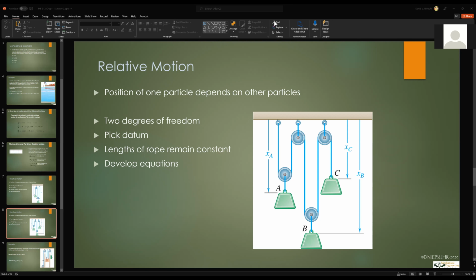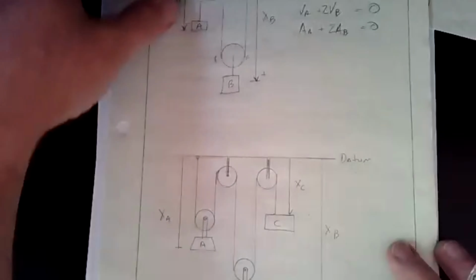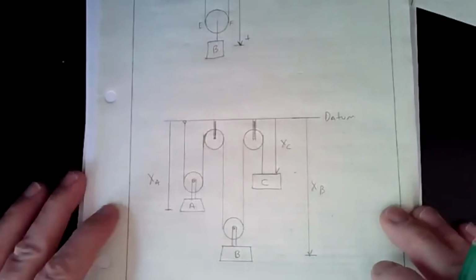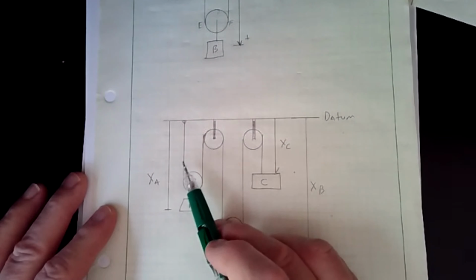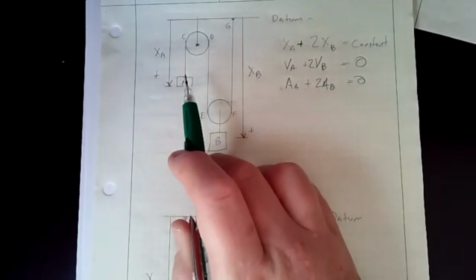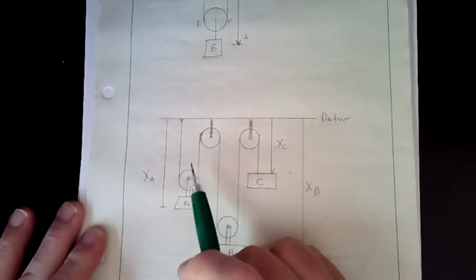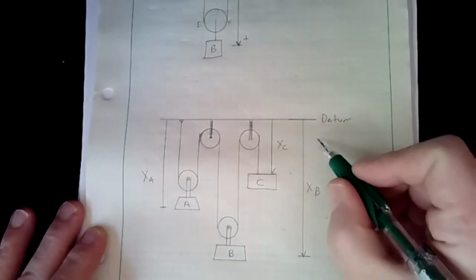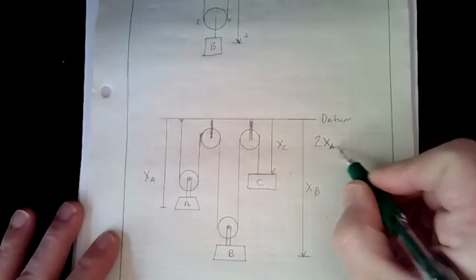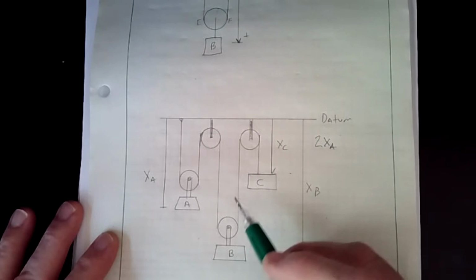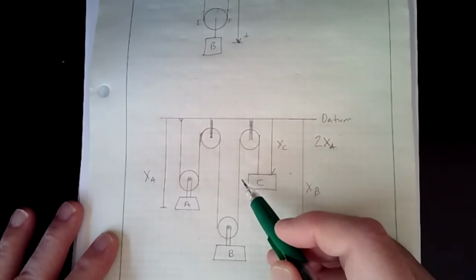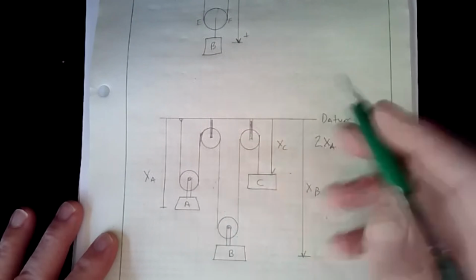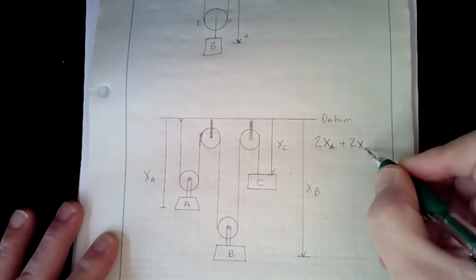If we look at XA over here, we see that there's 1, 2 ropes. Unlike up here, where XA had just a single rope, here it's determined by both of these. So we're going to write that as 2XA. Then when we look at XB, we see that XB has 2 ropes also that determine its motion, so plus 2XB.